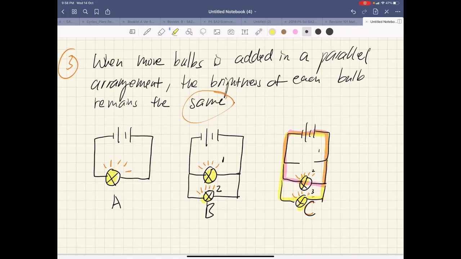Now, when would you use this? You will use this parallel arrangement in a home or in Christmas lights, whereby when one bulb fuses, not the entire home will go out of lights. So this is something that you need to understand.